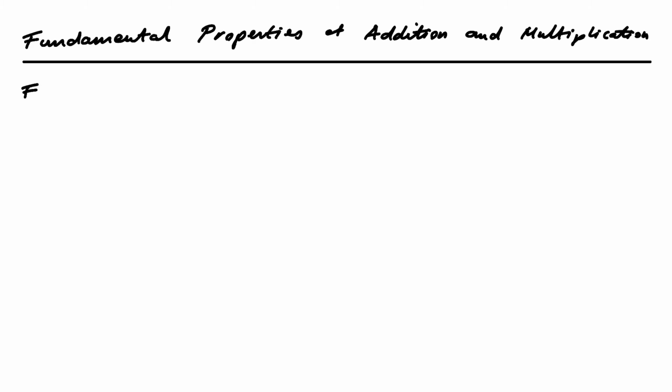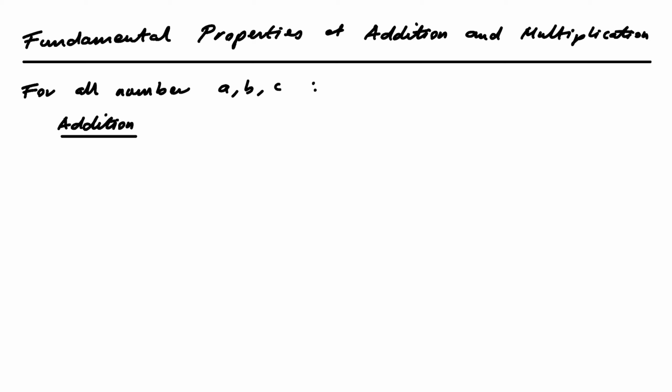So for all numbers, let's write A, B, and C. The following is true. So let's do addition first. I think that's the simpler of my two operations. There are four properties of addition which are completely ubiquitous everywhere.